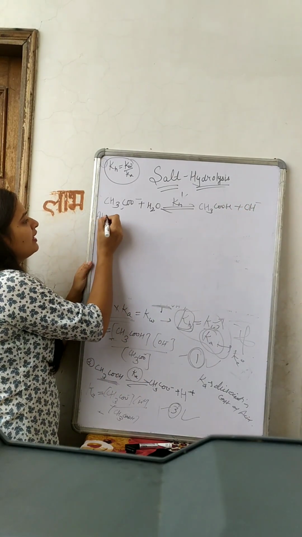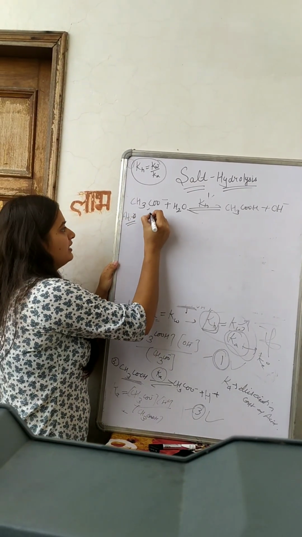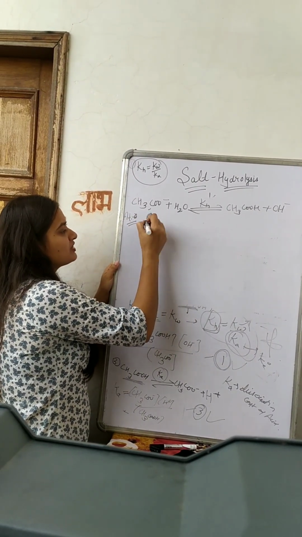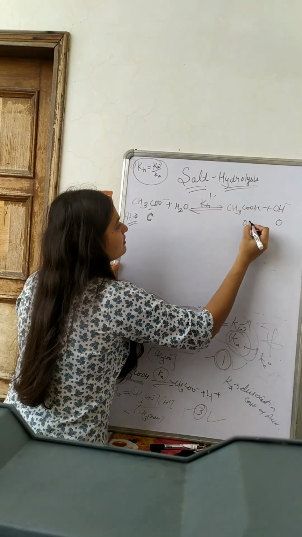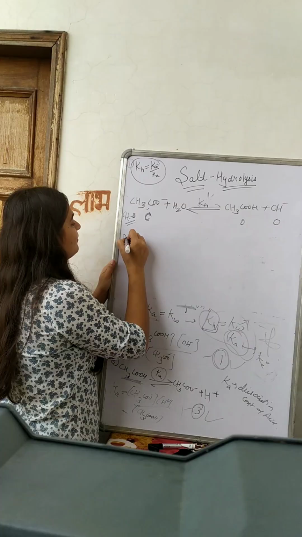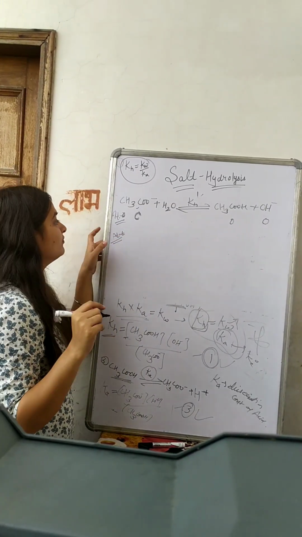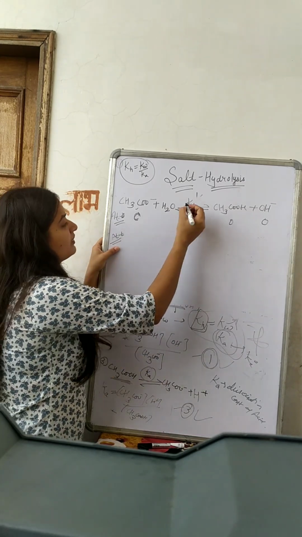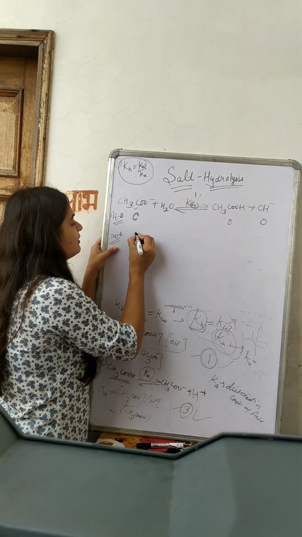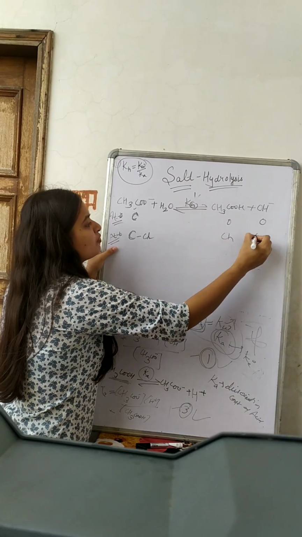So at time t is equal to 0, we have only the reactant. That means its concentration is C. There is no formation of product over here, that means 0, 0. At time t, that means at equilibrium, we can observe that C minus Ch, and the Ch product is formed.